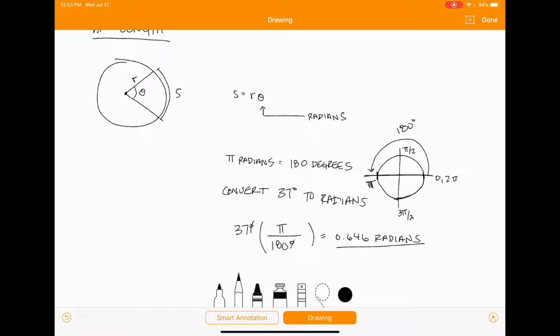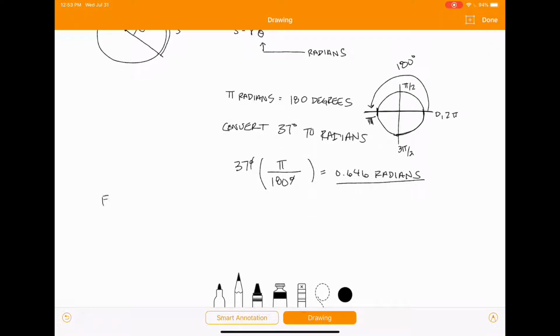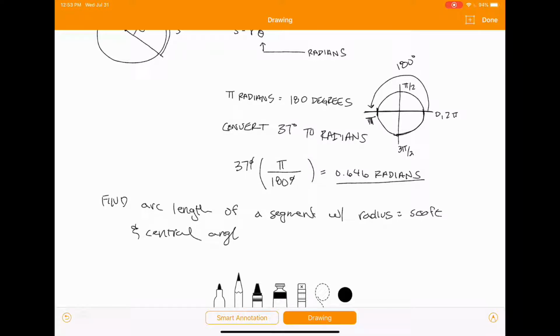So then if you wanted to find arc length of a segment with radius equal to 500 feet and a central angle of 37 degrees.